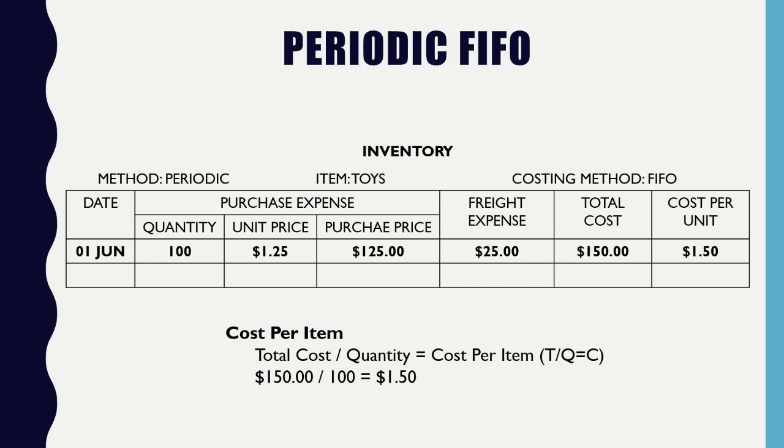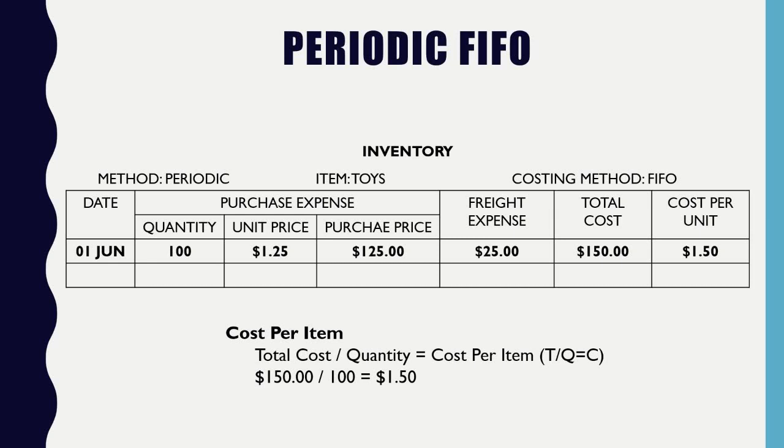Now, that's what it's going to cost me. This isn't my selling price. This is my cost price. Because when I'm doing my business, I need to make sure that I calculate my total cost, to make sure that every time I sell, let's say one item, it's going to cost me $1.50 per item that I sell.